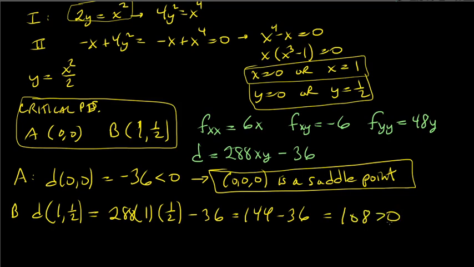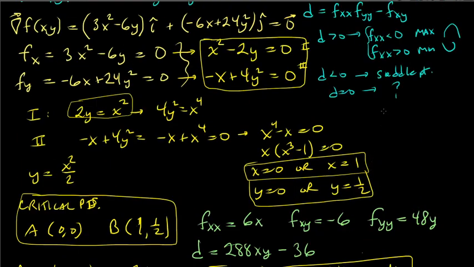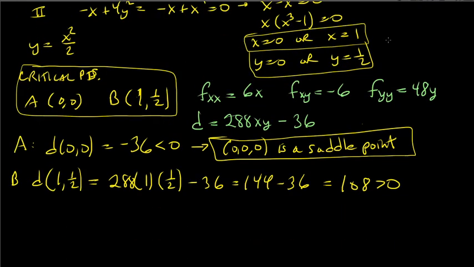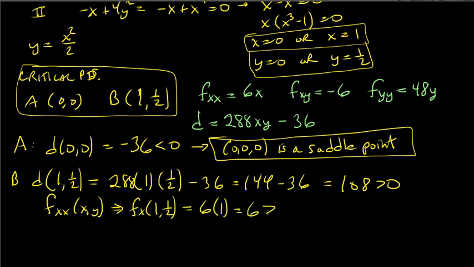Yeah, it is 108, but it's a positive, right? So when d is positive, we have a maximum or a minimum. Which is it? So let's look at the second derivative with respect to x. If you plug in the critical point, 1, 1/2, we get 6 times 1, which is 6. 6 is positive. Positive means concave up, and that means we have a minimum, right?